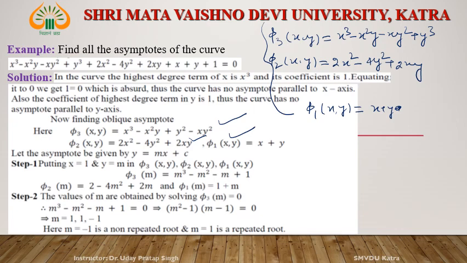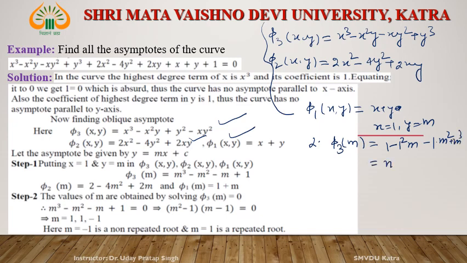Now, step number 2. For step number 2, what do we have to do? Phi 3 of m. It means x equal to 1 and y is equal to m. This is 1 cube minus 1 square into m minus 1 into m square plus m cube.